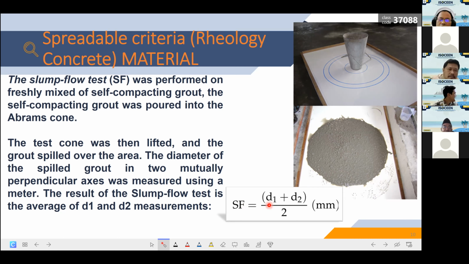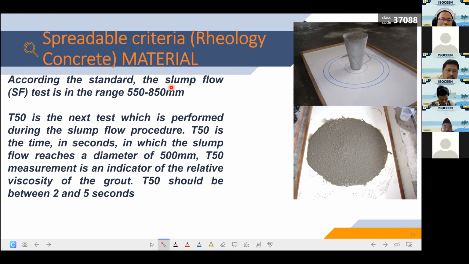We find some flow number. According to the standard, the slump flow is in the range of 550 millimeters to 850 millimeters.